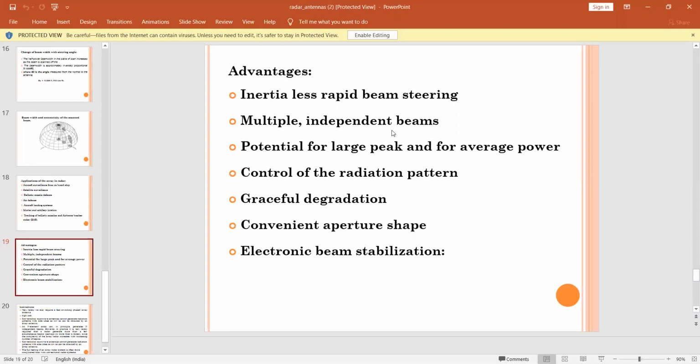When you have a radar antenna or an array of antennas on a ship or an aircraft, it will be subjected to turbulence like roll, pitch, and yaw disturbance. So the ability to steer the beam electronically can be used to stabilize the beam direction.